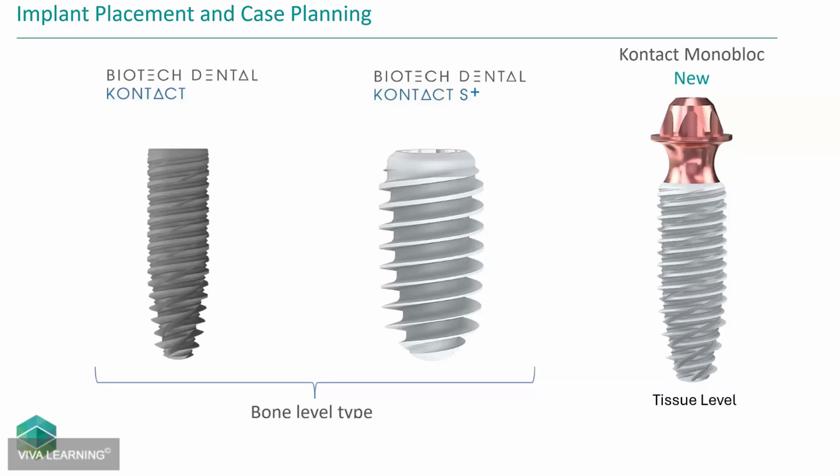And then on the right, you'll see a tissue level implant where the abutment actually goes above the gum and you restore the case from a supragingival level rather than worrying about healing abutments and that sort of thing. I don't use any tissue level myself, but I do use both the aggressively threaded and the less threaded bone level implants. We'll talk later about how we gauge which one we're going to use on each of those.